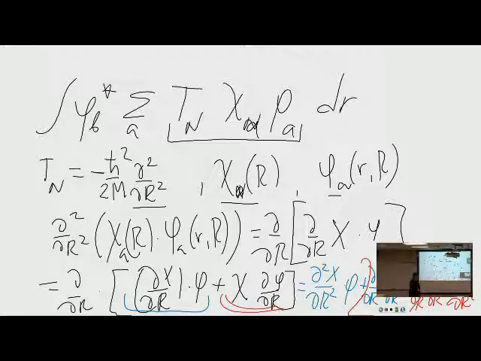And there are 2 crazy terms. One is where we take the first derivative of the nuclear wave function times the first derivative of the electronic wave function over the position of the nucleus, and the second is when we take the second derivative of the electronic wave function over the position of the nucleus.